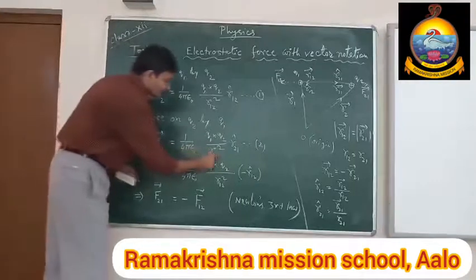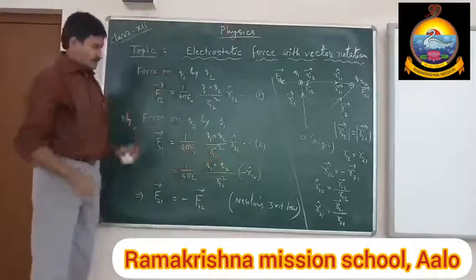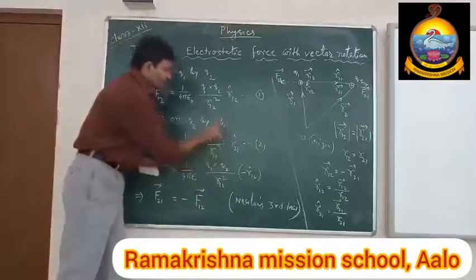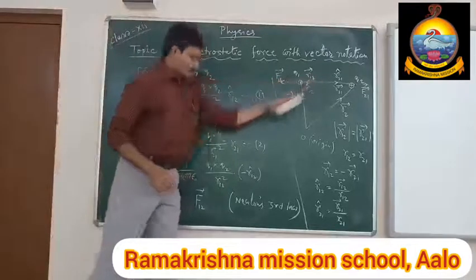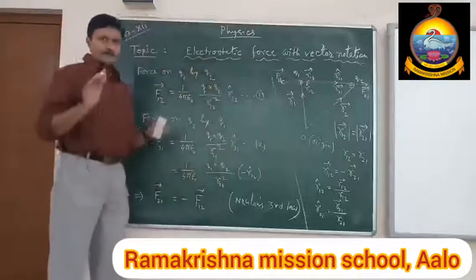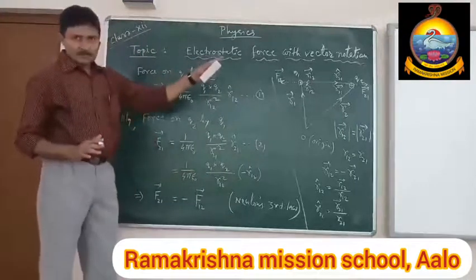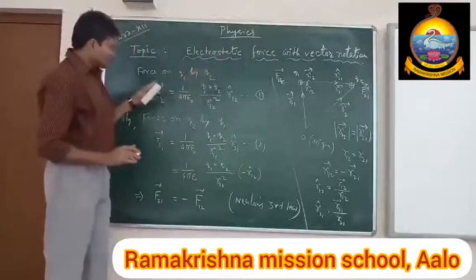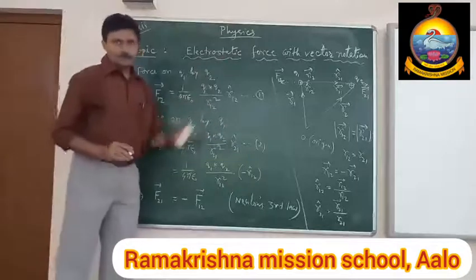So the distance of 2 from 1 is also represented by r21 only to keep the symmetry. And this direction r21 cap is the direction from q1 charge to q2 charge. Therefore, this is the force on q2 by q1. So if you have to write only the electrostatic force with vector notation, then you have to write these two expressions, expression number 1 and expression number 2.